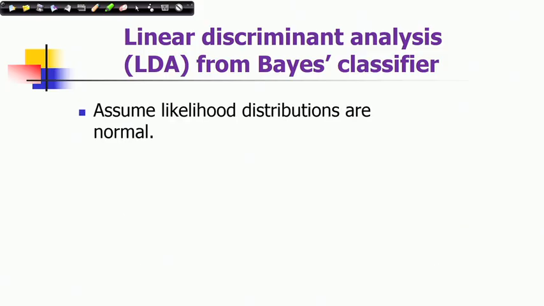So, now let us assume these likelihood distributions are normal. We have discussed the naive Bayes classifier, where for likelihood distributions we discussed discrete and categorical attribute sets.